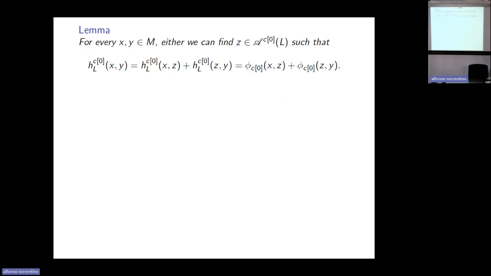And for every x, y in M, we can find a z in the Aubry set of L such that the Peierls barrier from x to y is the Peierls barrier from x to z plus the Peierls barrier from z to y. And this is, of course, by the previous result, the sum of the Mañé potential from x to z plus the Mañé potential from z to y.